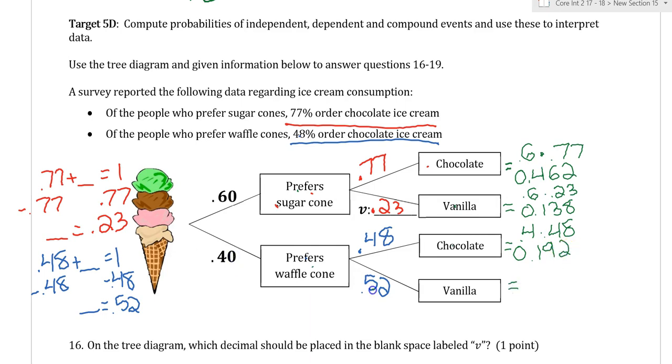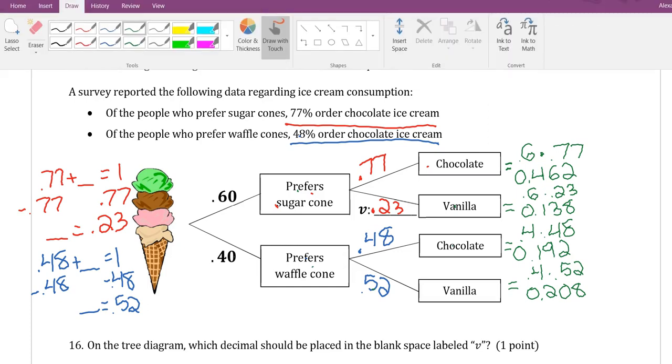And then 0.4 times 0.52, and we get 0.208. Okay, now that we have our whole tree diagram figured out, I can start looking at my questions.